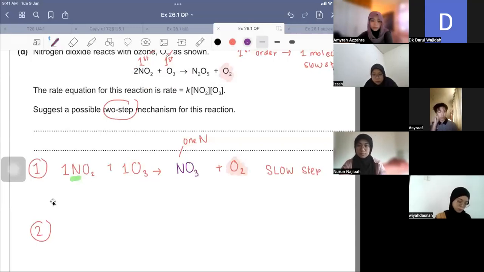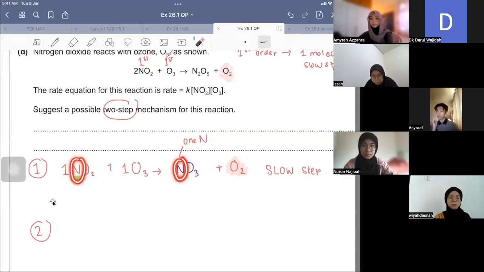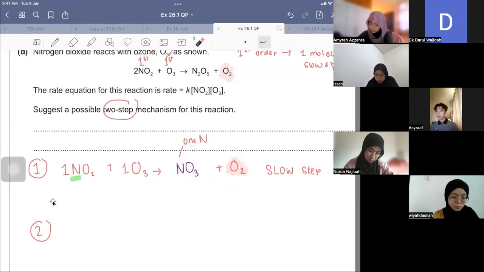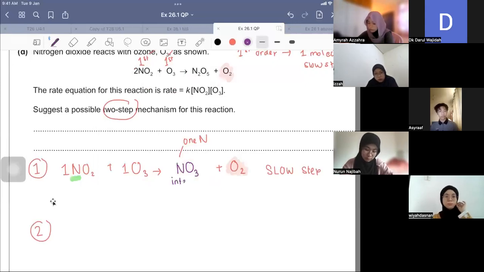Actually, I don't know what NO3 is, but because I know that I need to have 1 nitrogen, okay, to balance on both sides, and my oxygen needs to be 5, 3 plus 2. Okay, so it looks like this is my intermediate because it's a species that doesn't appear on the chemical equation. Okay, this O2 is one of my products.